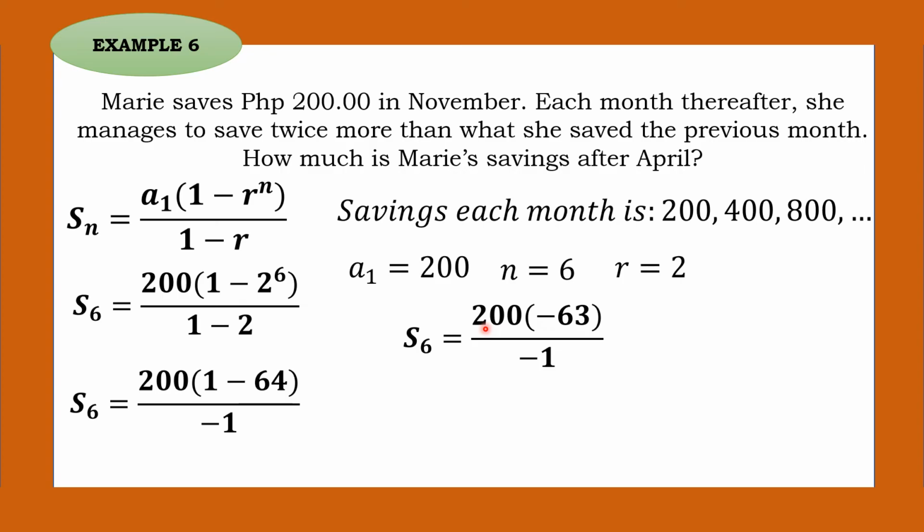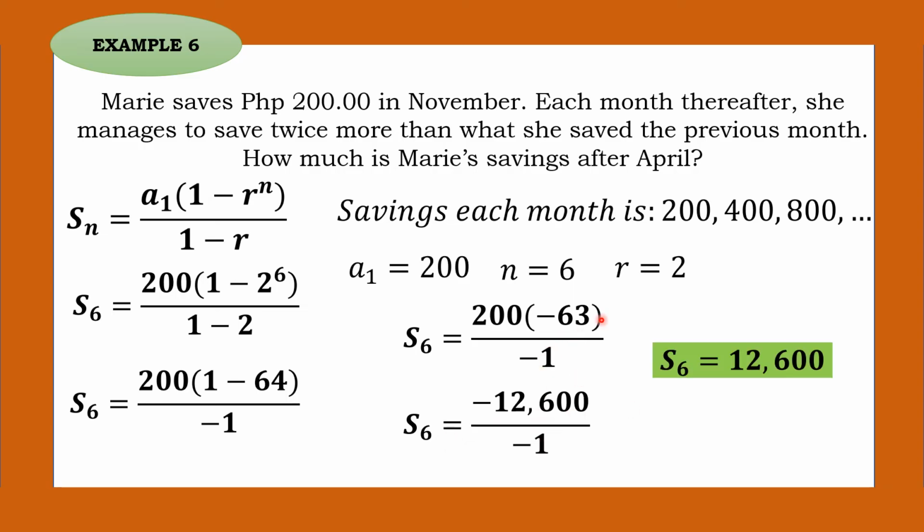We multiply it by 200. There we have negative 12,600. Then we divide it by negative 1. So S sub 6 is equal to 12,600. So it means that Marie manages to save 12,600 after April.